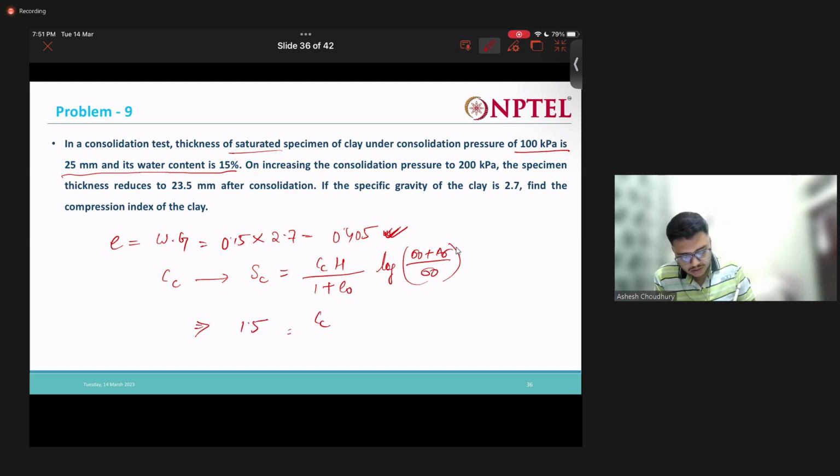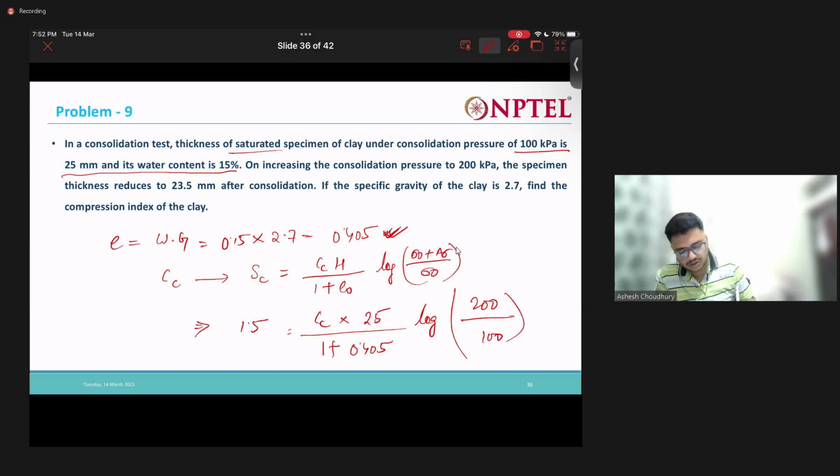Cc is unknown. What is the H? H is nothing but 25 mm thickness. We'll put 25. Now what is the initial void ratio? Initial void ratio we know, 0.405, log. So this is my 200, this is my 100.